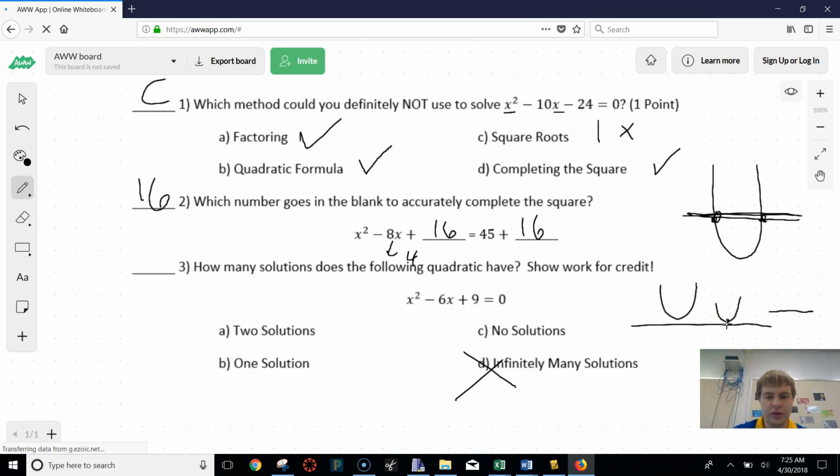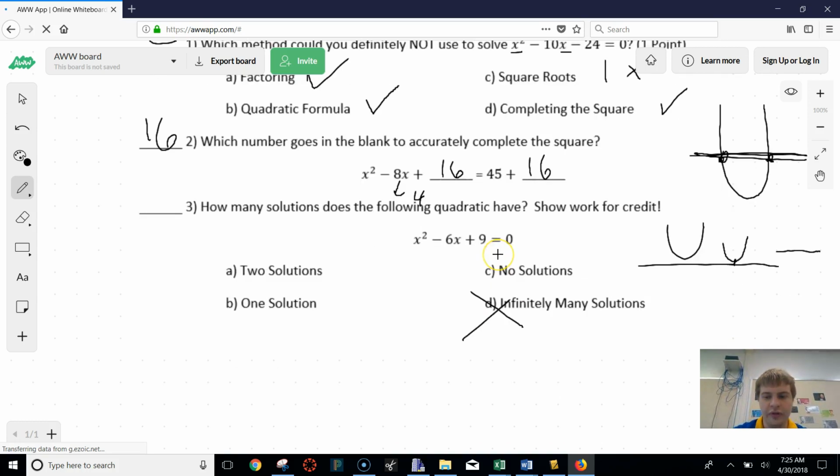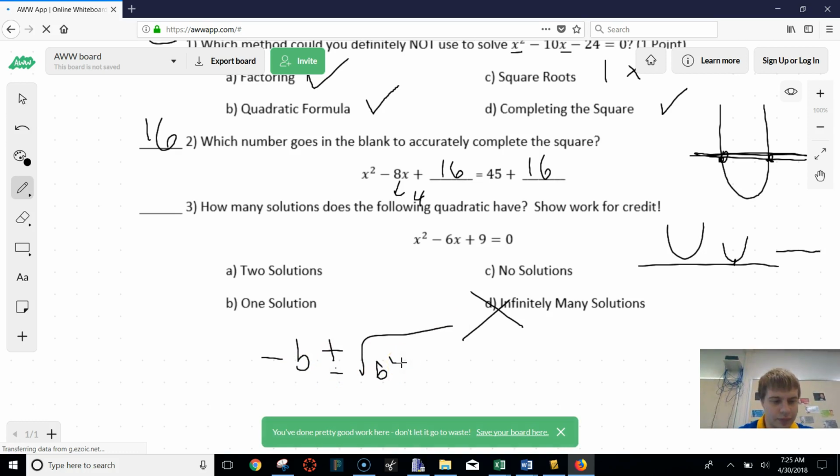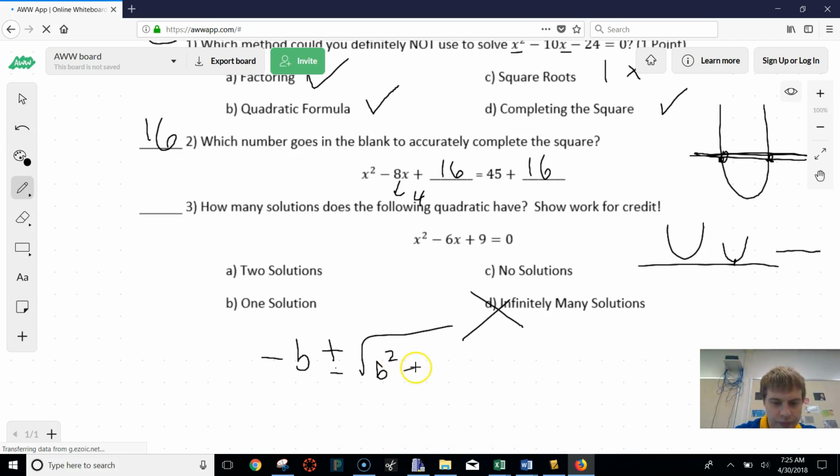To do this, we are actually going to use the quadratic formula, but not the whole thing. Because when you look at the quadratic formula, the part that stops things from working out is the square root part. So we are actually just going to worry about the square root part.